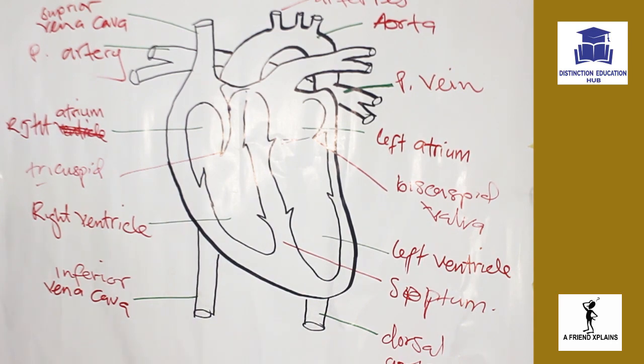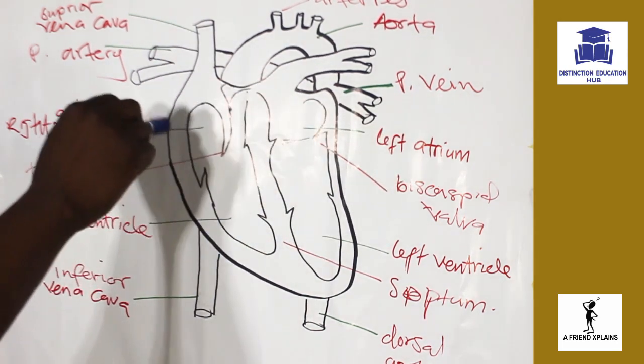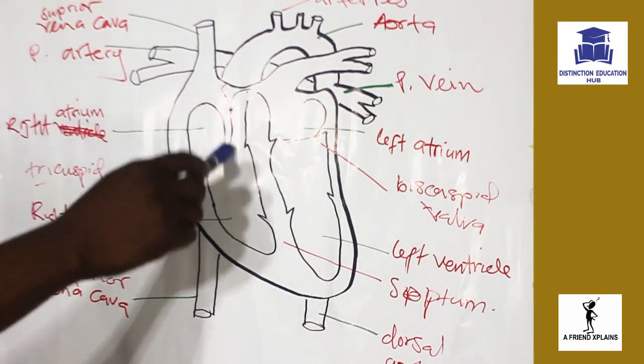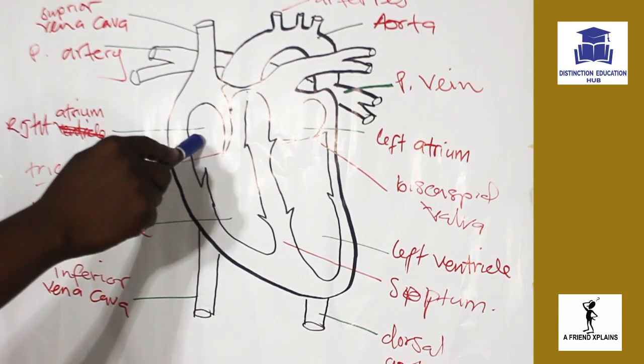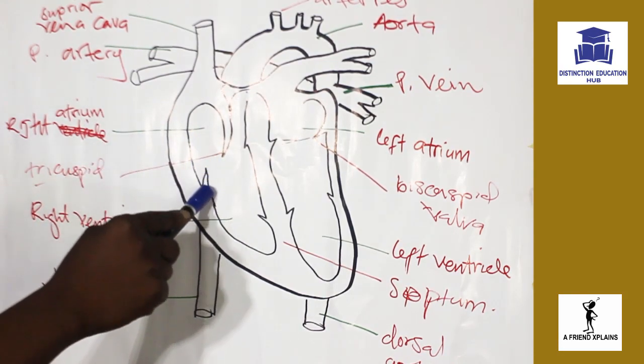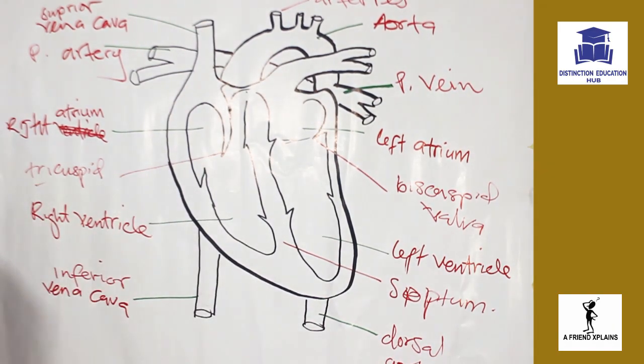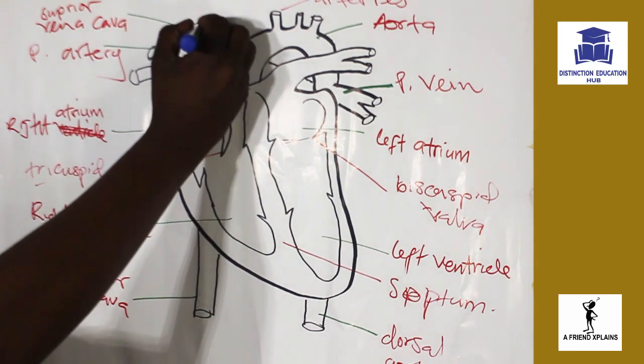So the following happens, all right, when the heart pumps blood. The first thing is that the right atrium will receive deoxygenated blood from the body. Then it will contract and push the blood received down here. So deoxygenated blood will come in.